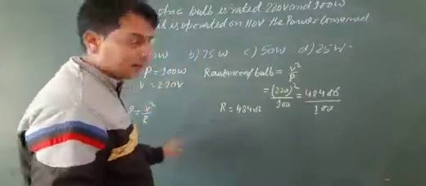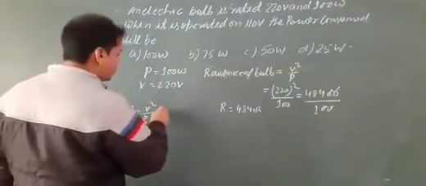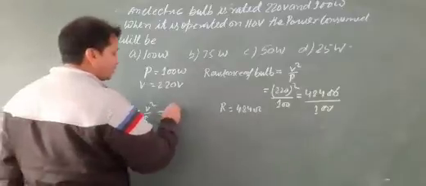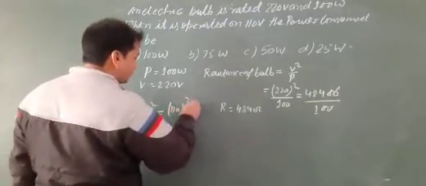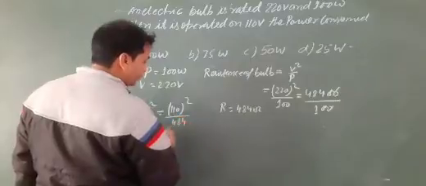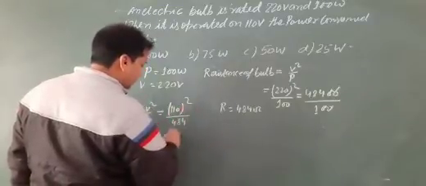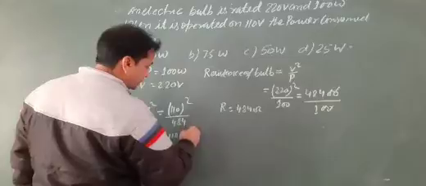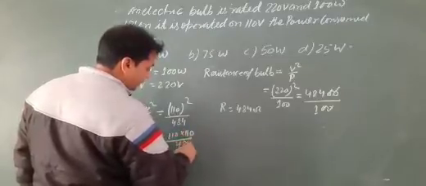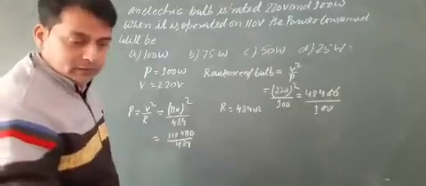So P equal to V square by R, with V equal to 110, so 110 square by R equal to 484. Then 110 into 110 by 484.